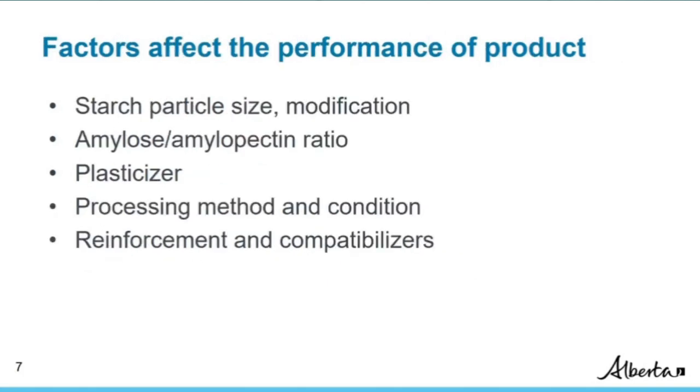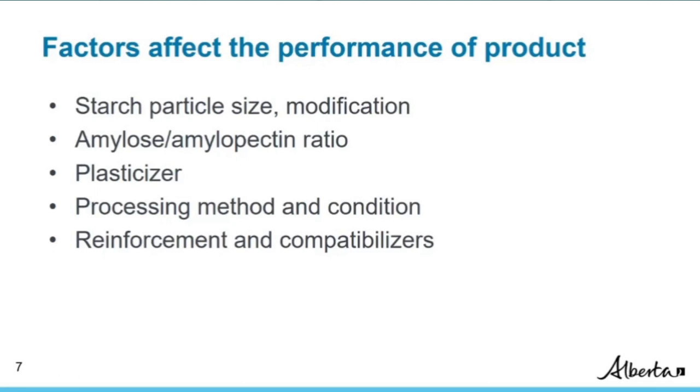A lot of research work has been done, and we found a lot of factors affect the performance of a product, such as the particle size, whether you have a properly modified starch or not, and the amylose and amylopectin ratio. Obviously, plasticizer will play a big role.